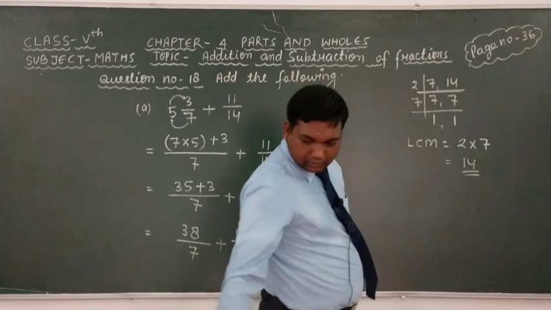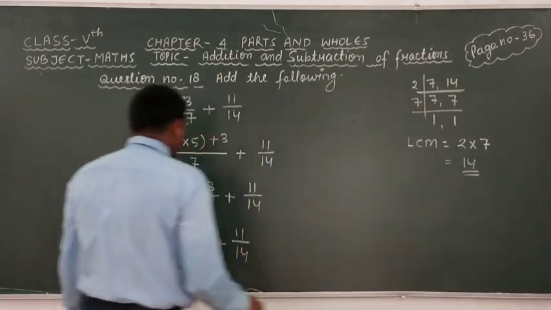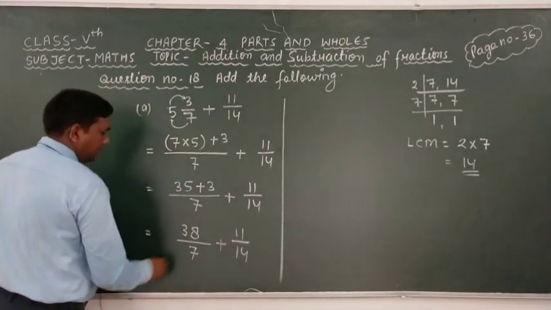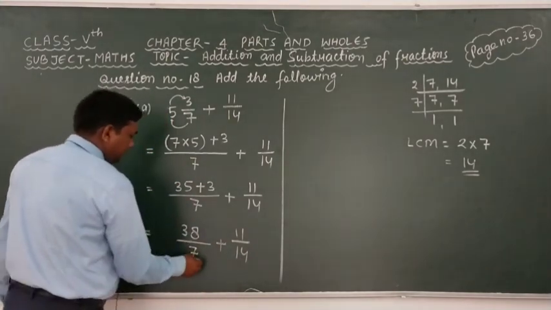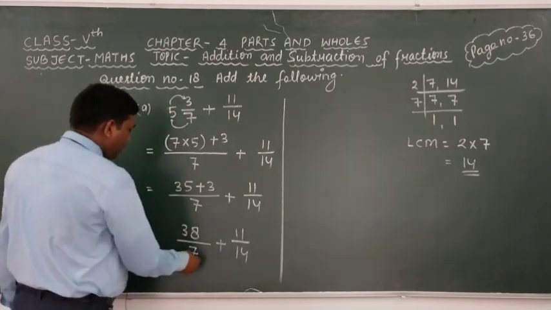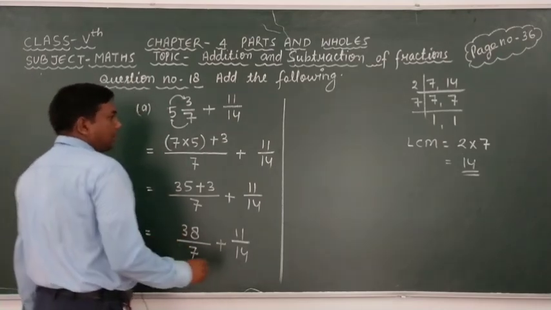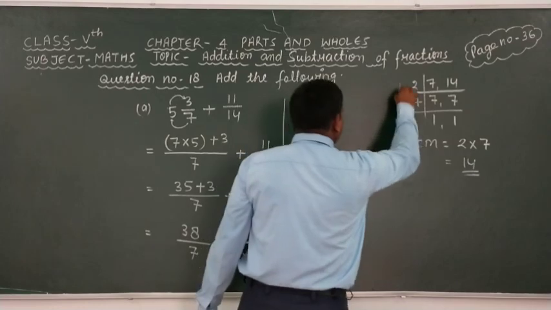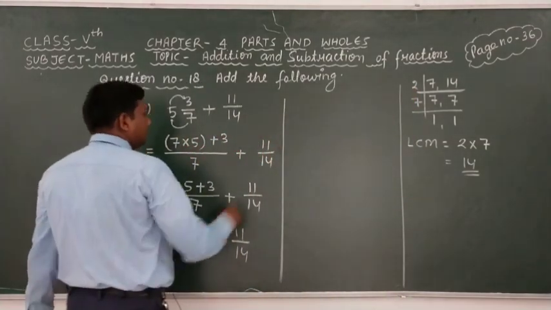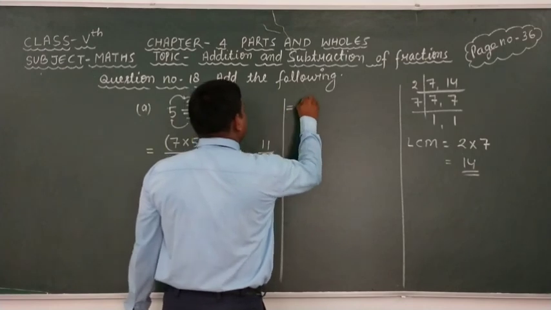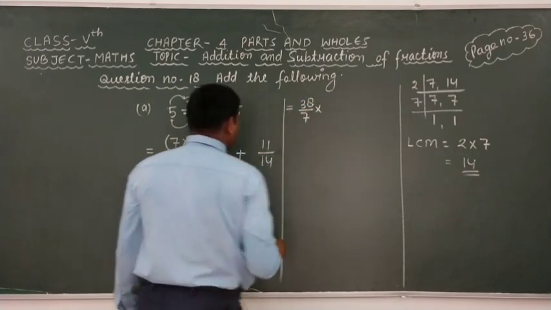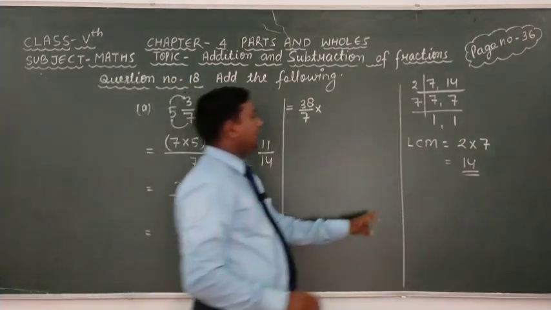Here we have 38 over 7 and here 11 over 14.